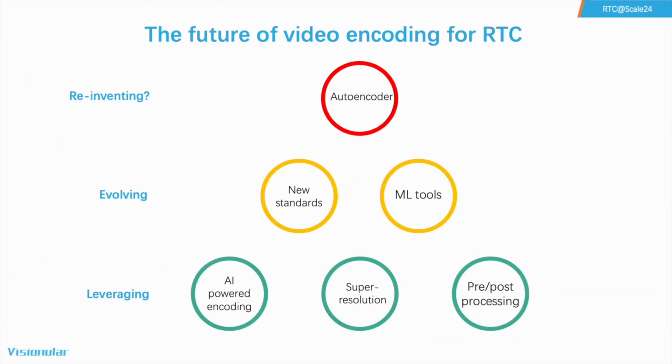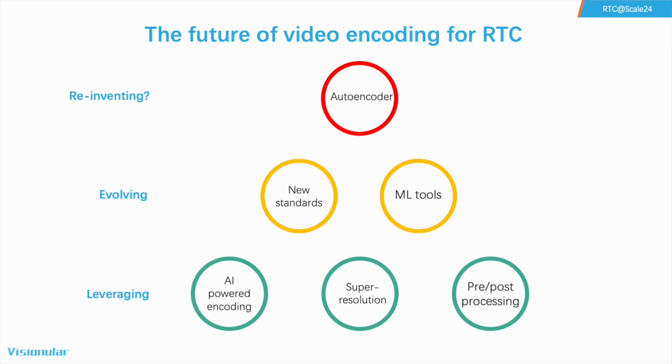So I'll leave you with some thoughts about the future of video encoding for RTC. Now, when people talk about the future of video encoding, they typically have this kind of hierarchy in mind with 3 layers. So there's where we are now, where you can accelerate and improve the effects of video encoding for current standards by having AI-empowered encoding and super resolution pre- and post-processing, that kind of thing.